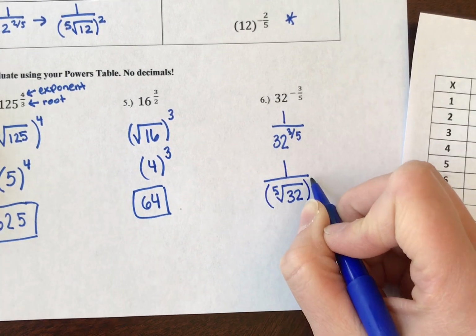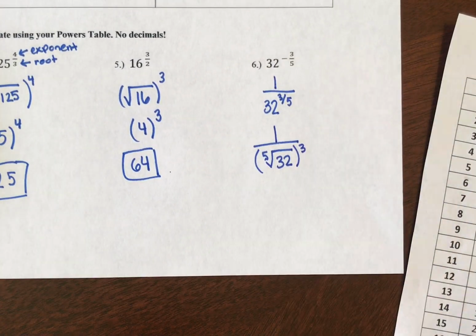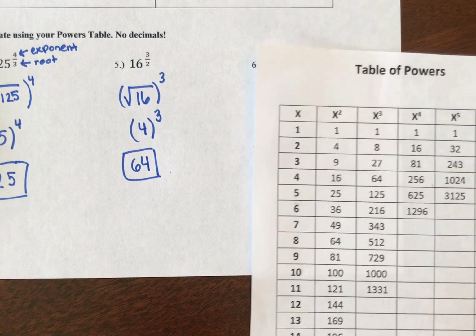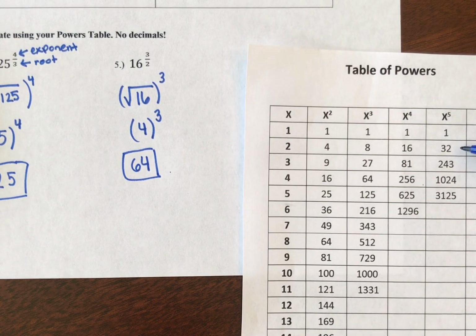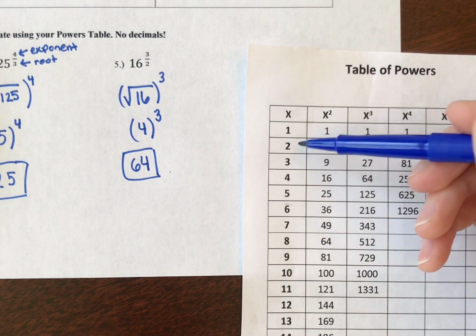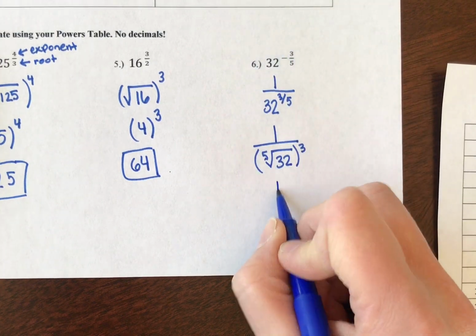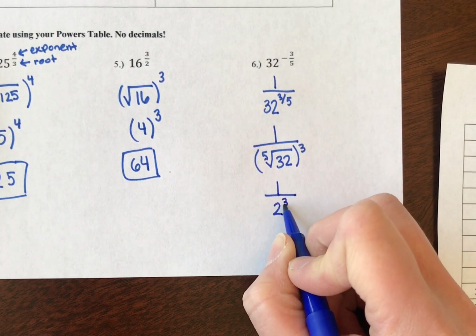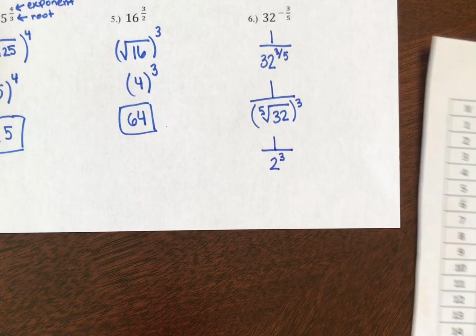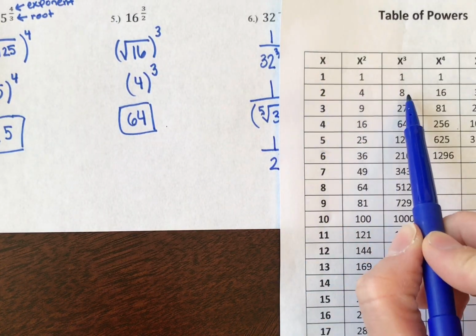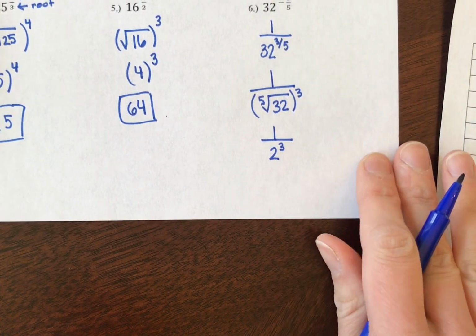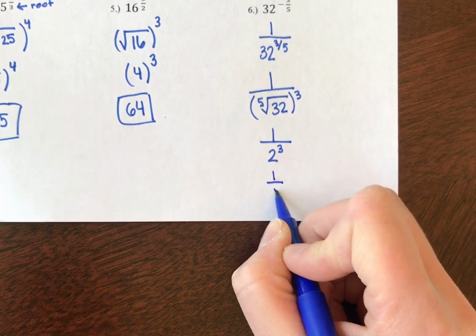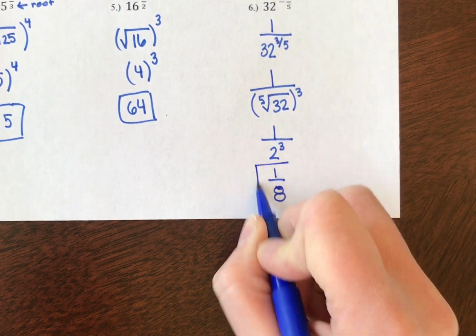The exponent is 3. And if I want to simplify this, I want to find the 5th root of 32. So the 5th root of 32 is 2. So this is 1 over 2 to the 3rd power. And 2 to the 3rd power is 8. So my final answer here is 1 over 8.